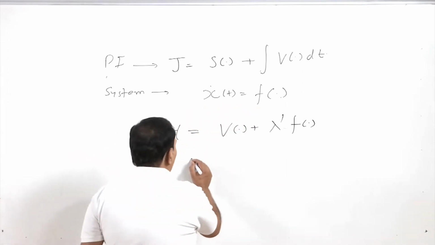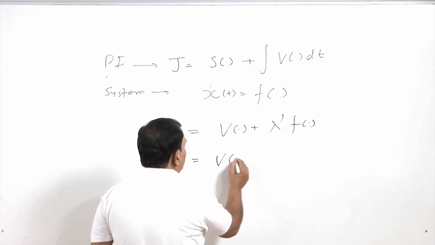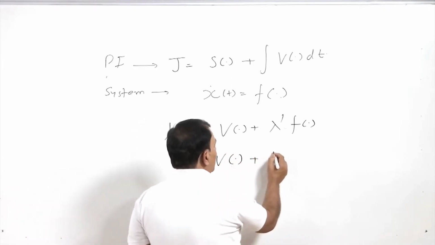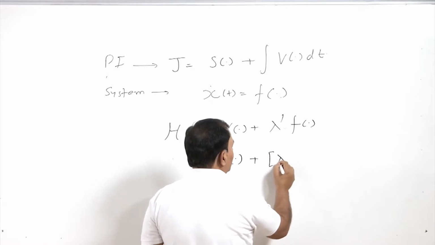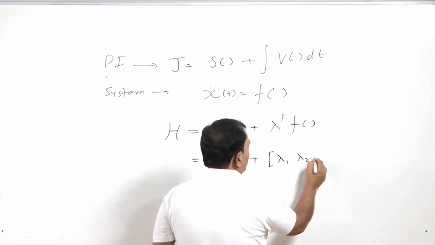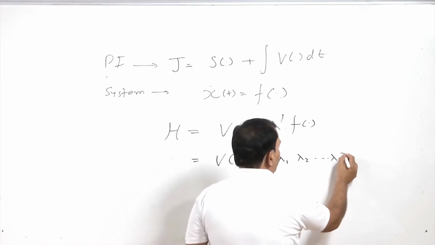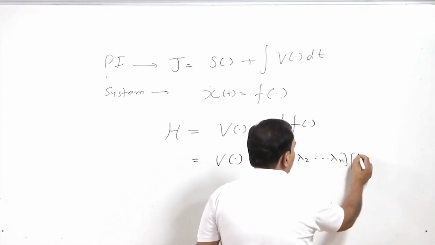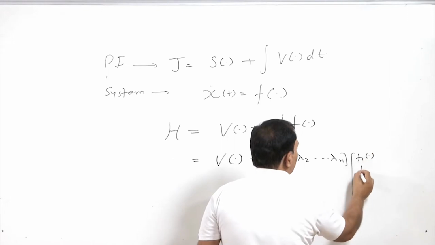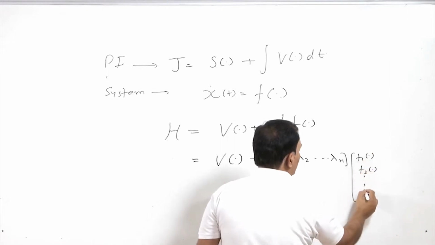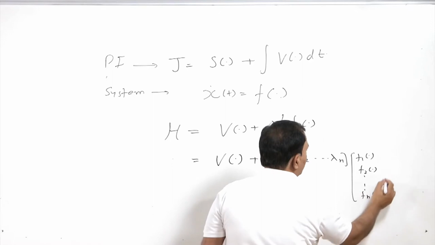So, in a way my Hamiltonian simply is defined with lambda prime written as lambda 1, lambda 2, up to lambda n, and f 1, f 2, up to f n.